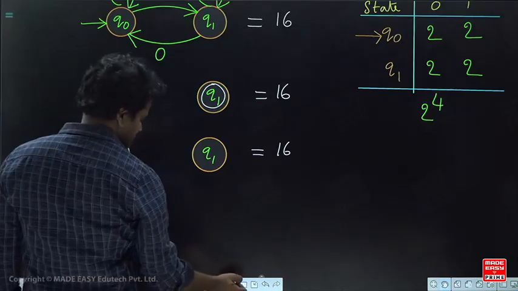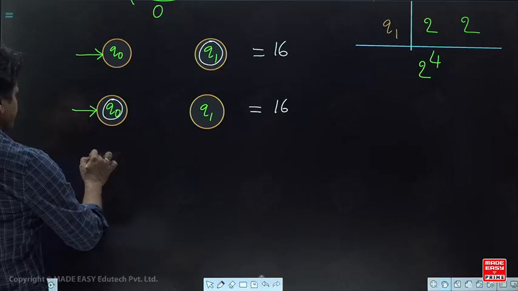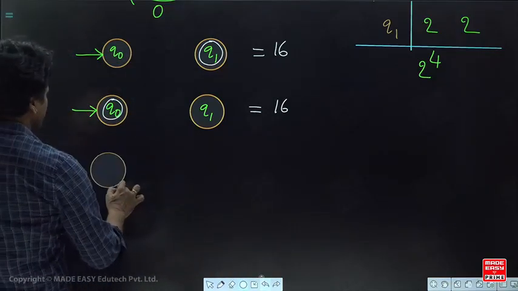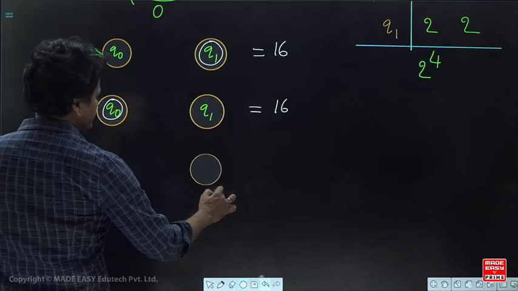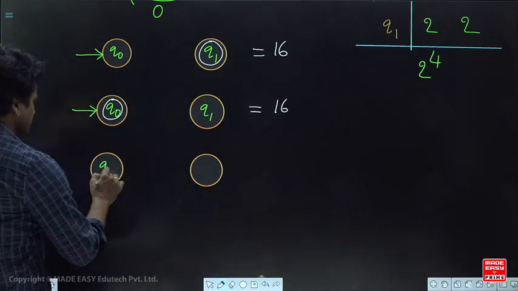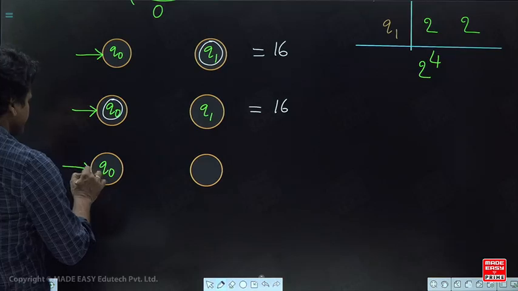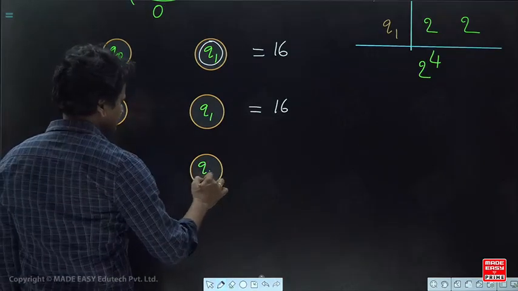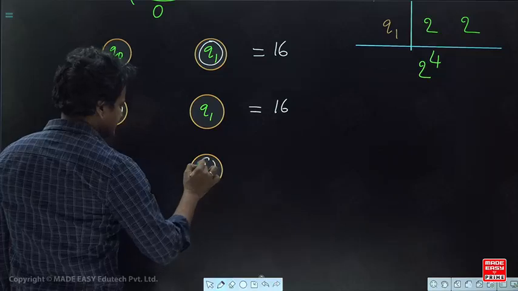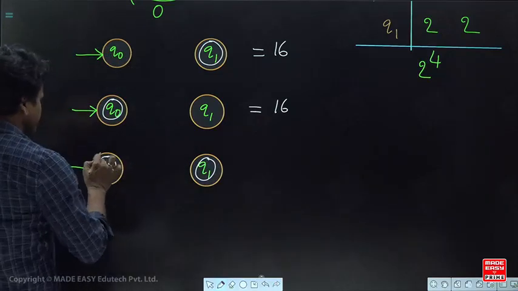Now guys, next case: I will take both states as final, meaning this is Q0, the initial, and this is Q1. Are you following?